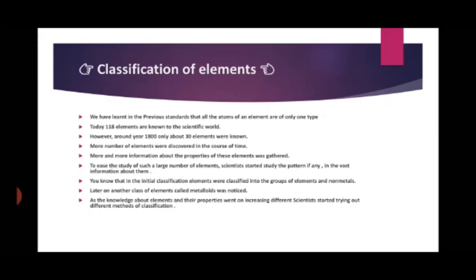Now come to the classification of elements. Some important points. We have learned in the previous standard that all the atoms of an element are of only one type. Now in the whole universe, how many elements are there? 118 elements. In the year 1800 only 30 elements were known.